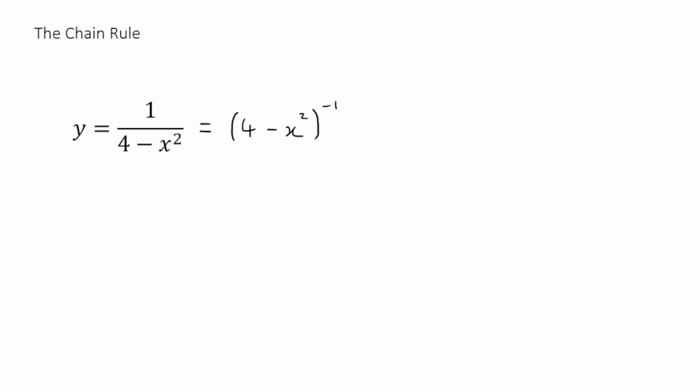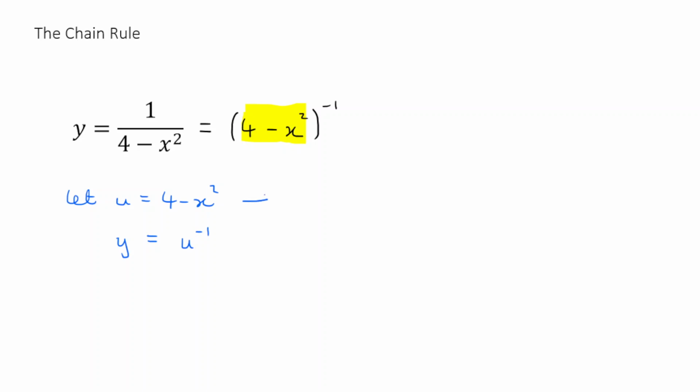In this particular case, our function on the inside is 4 minus x squared. So let u equal 4 minus x squared, and therefore y is equal to u to the power of minus 1.